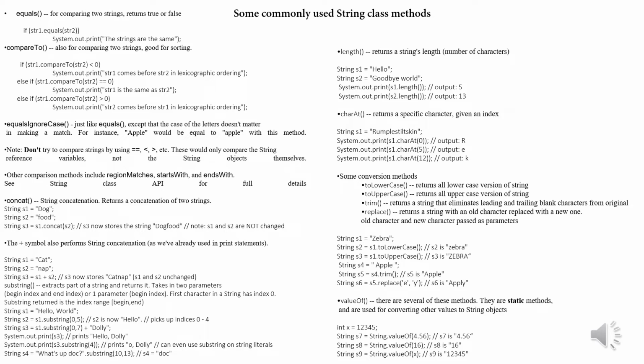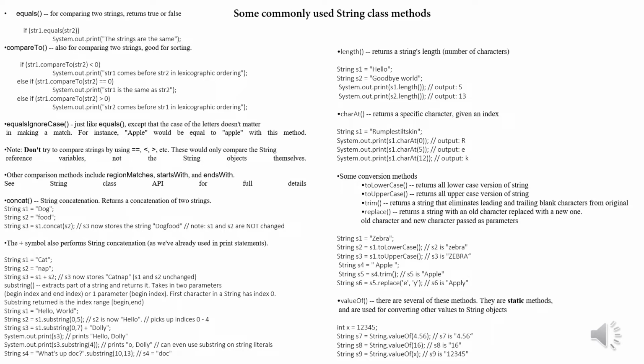We need to write s1 dot charAt 5. So now the output would be E. R is 0, U is 1, M is 2, P is 3, L is 4, E is 5. So s1 dot charAt 5 is E. Or s1 dot charAt 12 is K. So that's how the charAt method works. It will return the character in a special index.